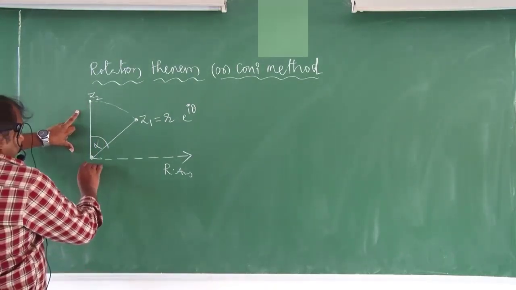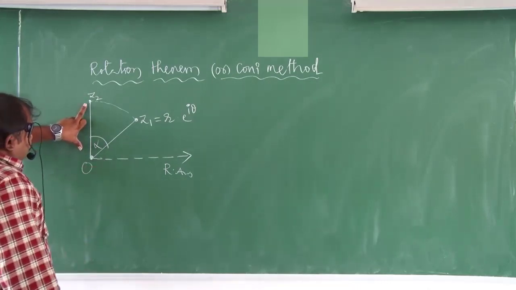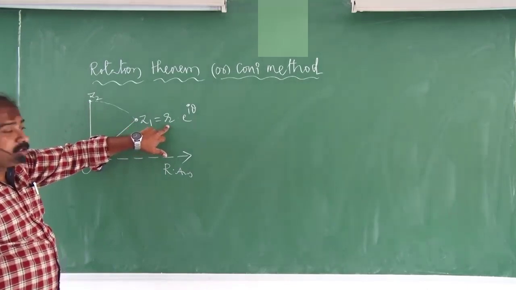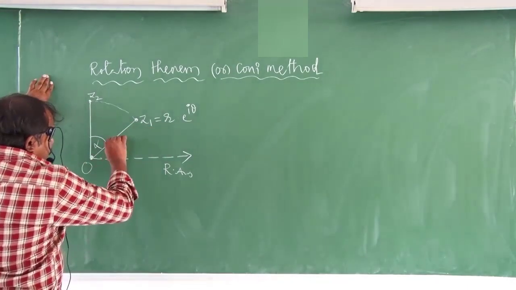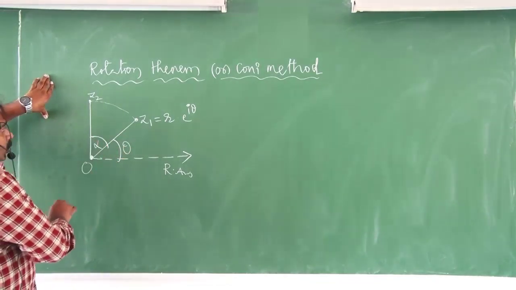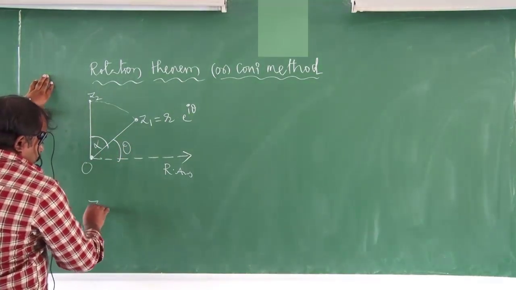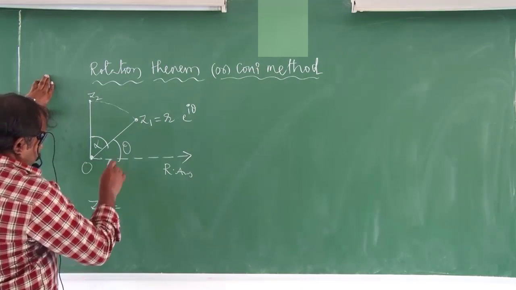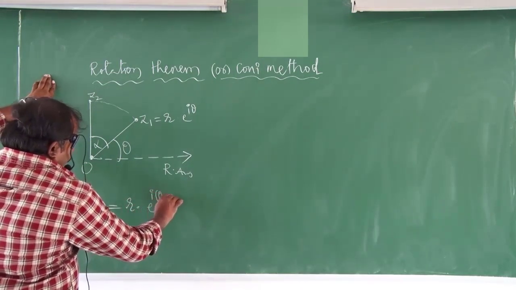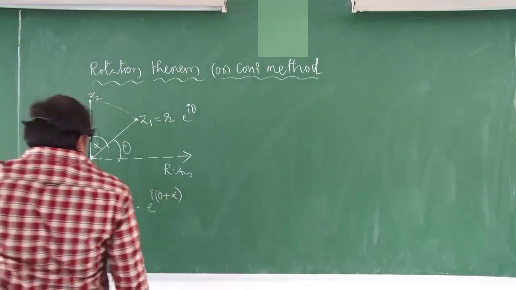The magnitude of Z2 and magnitude of Z1 are both the same, modulus value same. The only difference is this is theta, and you are rotating by one more angle alpha. So Z2 equals R into e power i of theta plus alpha.